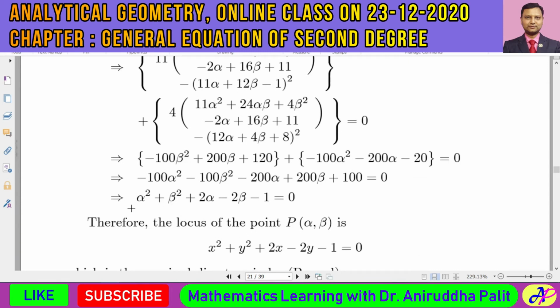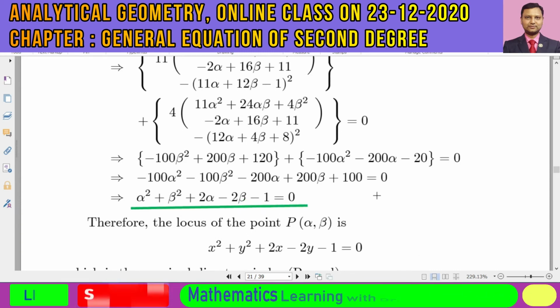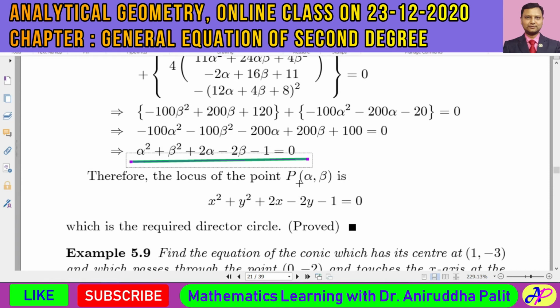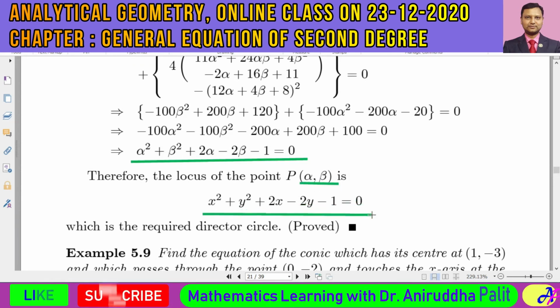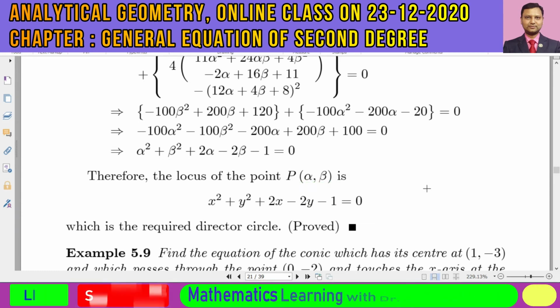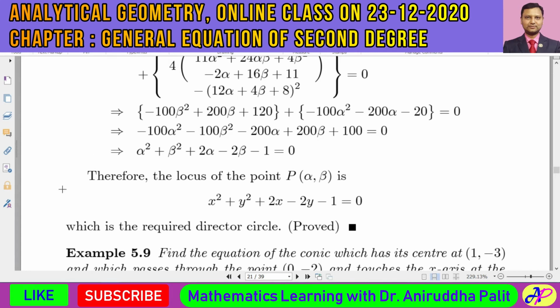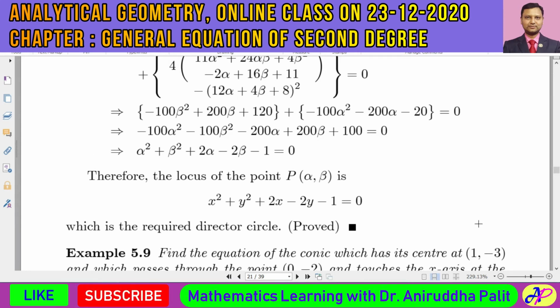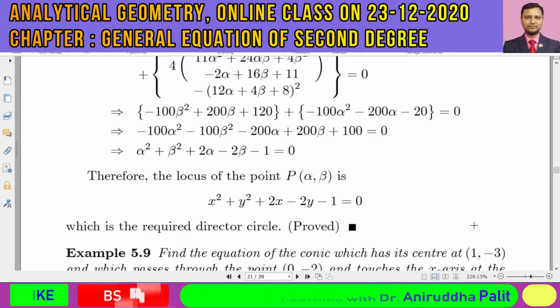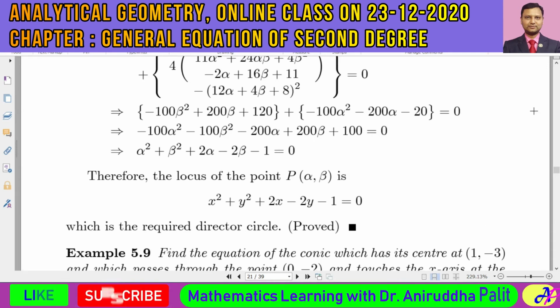And then after computation we get this kind of result, and ultimately we will be able to compute the locus of the point alpha comma beta, that is the director circle of this conic. Got it? So more or less all kinds of questions have been discussed in this file. You can go through the remaining similar questions over here, and many such questions are there in the book as well. Okay.